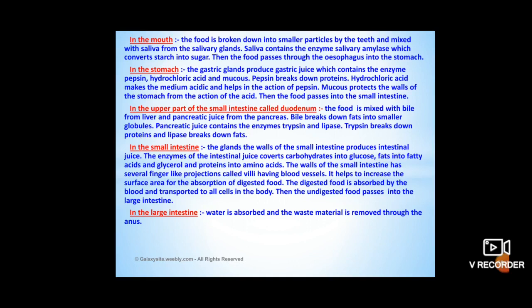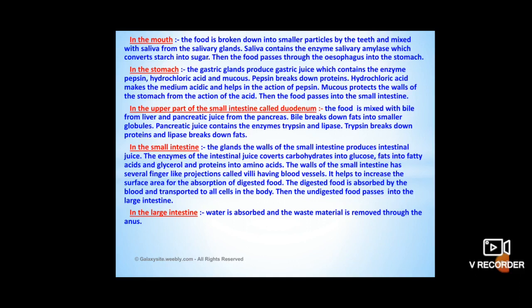This mucus protects the wall of the stomach and acts as a guard, just like the screen guard on your mobile prevents damage to the screen, right?